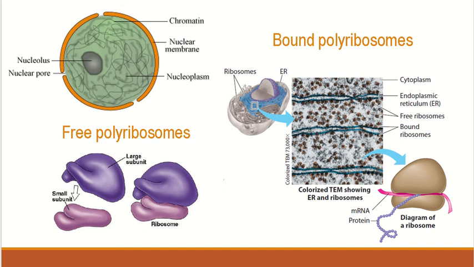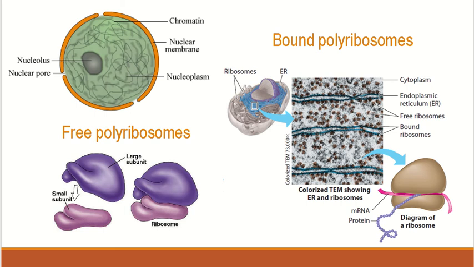Ribosomes are further classified into free ribosomes or bound ribosomes. Before we distinguish the difference between the two, you may wonder why ribosomes in this particular slide are termed polyribosomes.